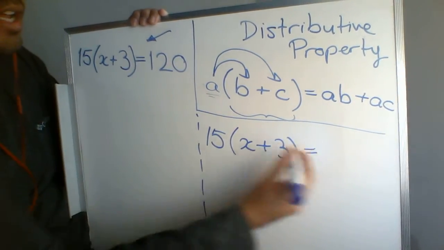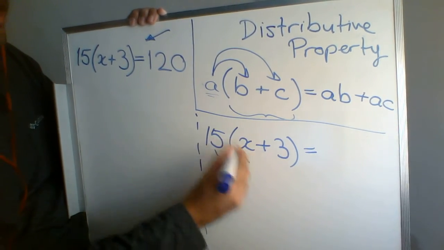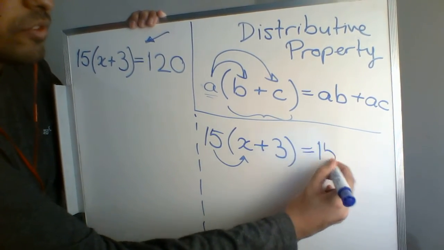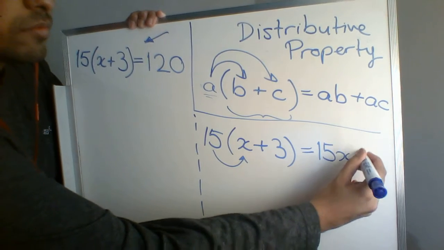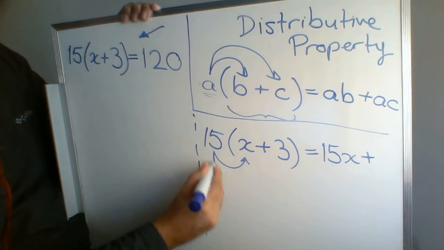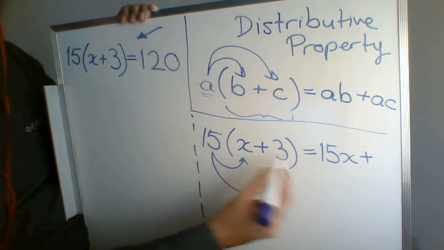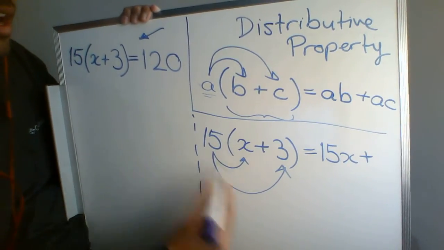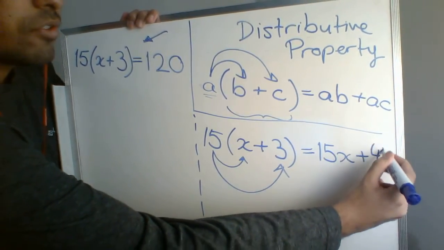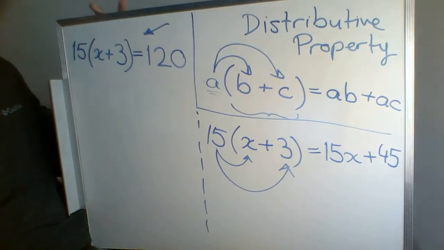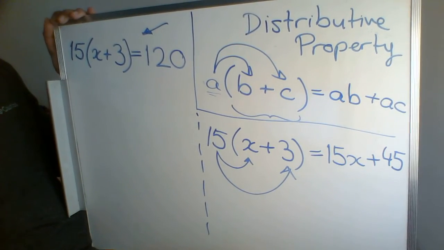So then if I do that multiplication, it's going to be 15 times x first, so that'll be 15x. And then it'll be 15 times 3, and since there's a plus sign in the middle, there'll be a plus sign over there, and 15 times 3 is 45. Alright, so hopefully that makes sense.